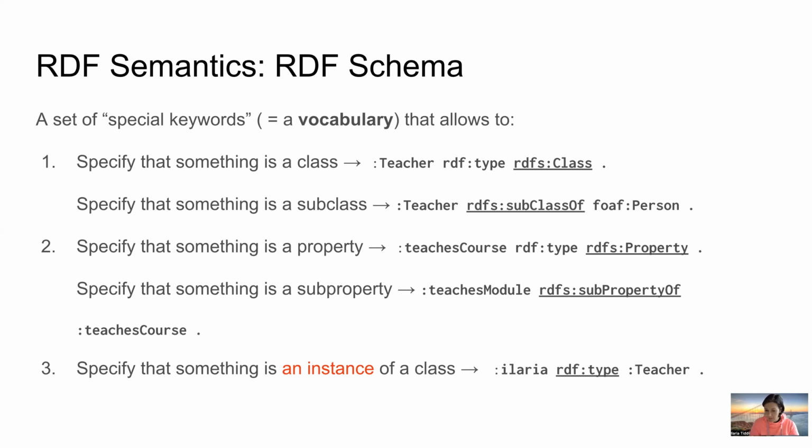This can be Ilaria, it can be Romana, it can be anybody else. The same way, when you specify that a class is of type class, an RDFS class is actually a concept which encompasses all the classes existing in your knowledge graph. We will see this later on.